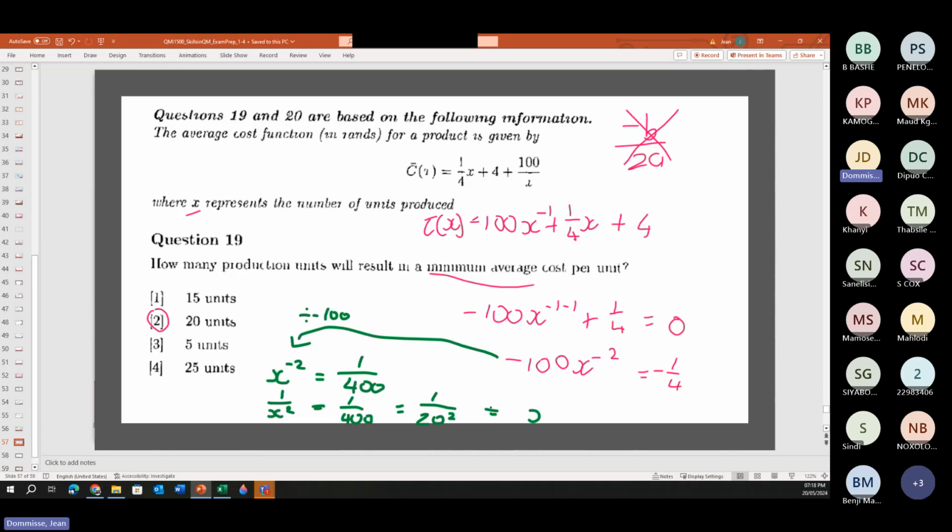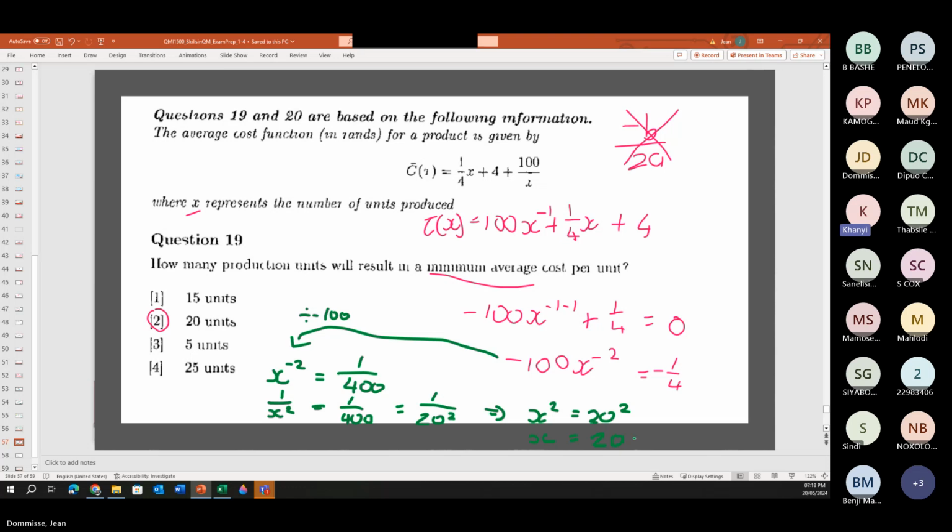So one can actually say x to the power of 2 will give you 20 to the power of 2. Because those are both to the power of 2, x is equal to 20. Okay, does that make a bit more sense?